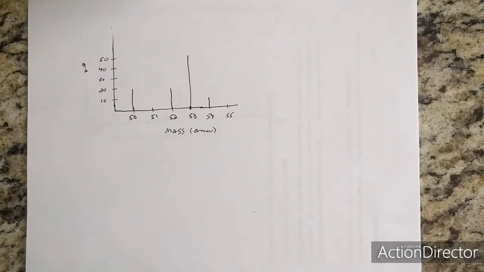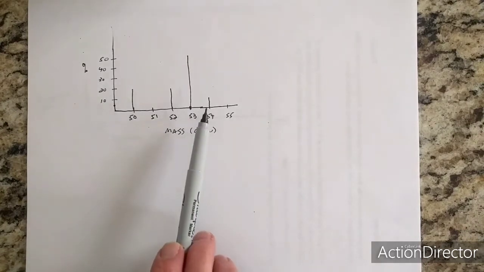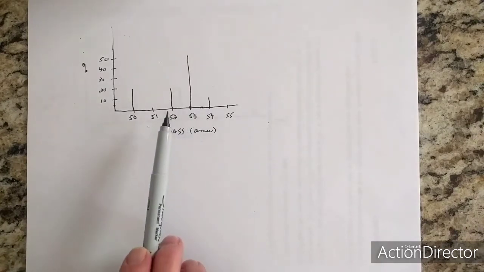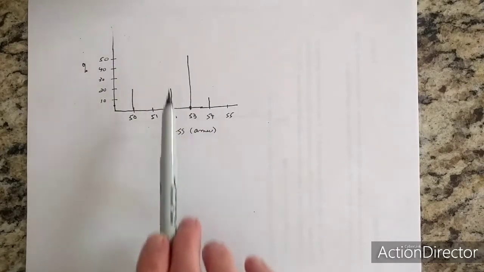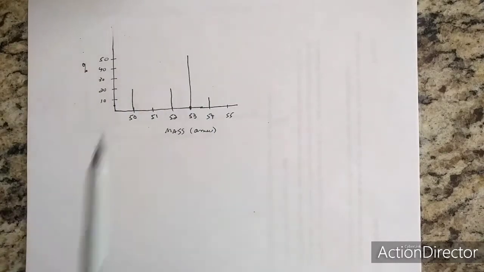So for the free response, we'll calculate it using numbers, and then we'll just look at qualitatively how we can figure out what the average atomic mass is. Of course, the average has to be in between 50 and 54, and it's going to be closer to 53 because that's where most of the atoms have their mass.